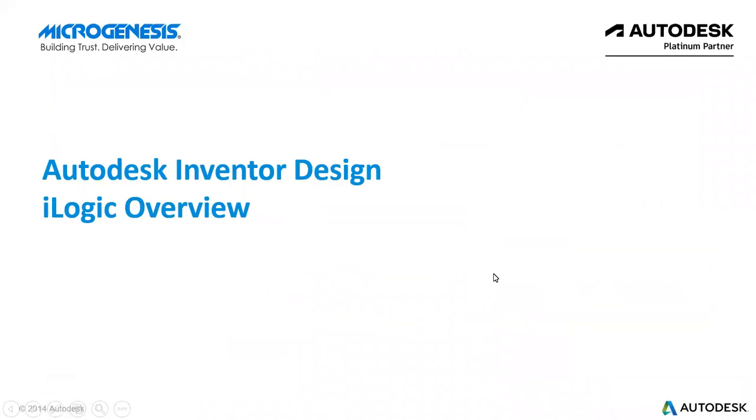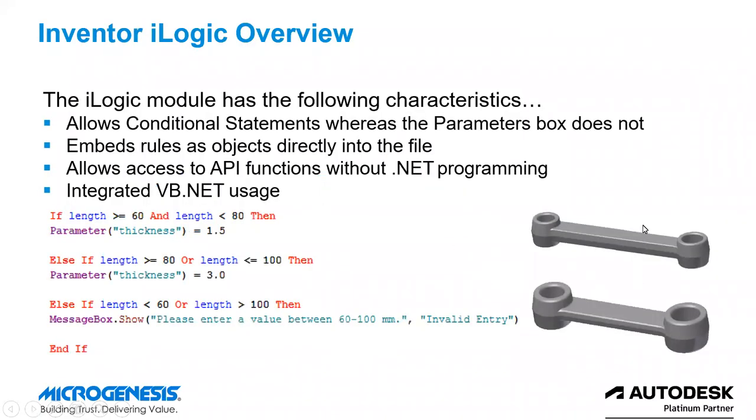So here, I want to give the iLogic overview. iLogic is very much simplified for the people who are non-programmers, or who don't like coding, or who are very much new to this, or novice, you can say. So those people can write the logic like English. The sample is there. If length is greater than or equal to 60 and length is less than 80, then do this work.